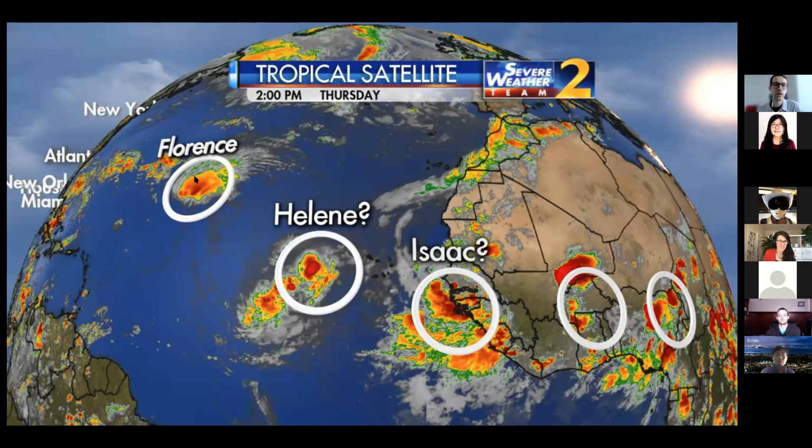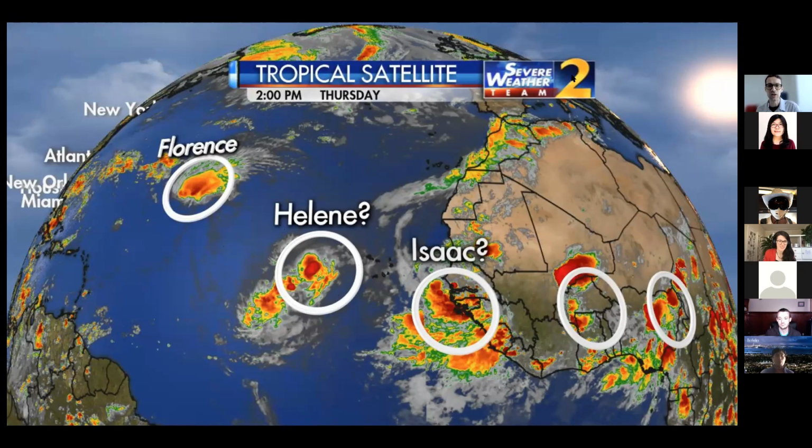We name storms sequentially going through the alphabet. So the G storm has already moved out of the picture here, but the H and the I's, the atmospheric disturbances that would evolve into Tropical Storm Helene and Isaac, are marked here off the coast of Africa.